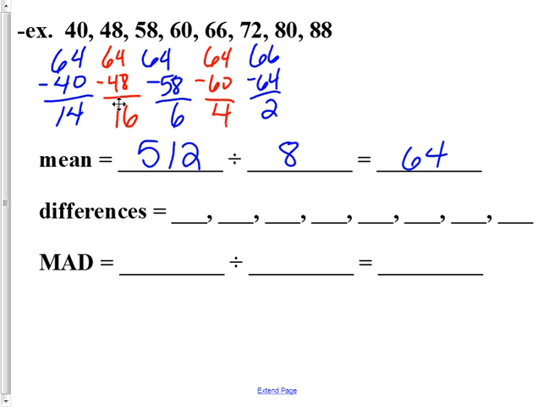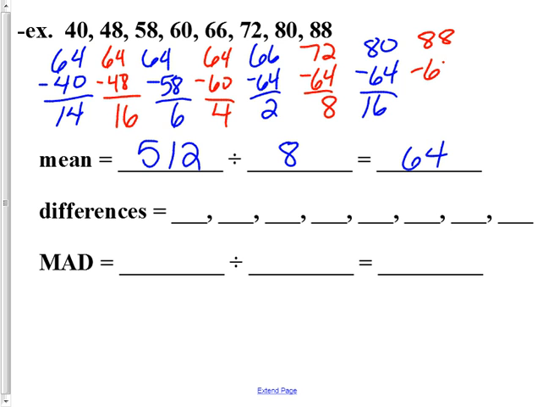Then 72 minus 64, which is 8. Then 80 minus 64, which is 16. And last but not least, 88 minus 64, which is 24.